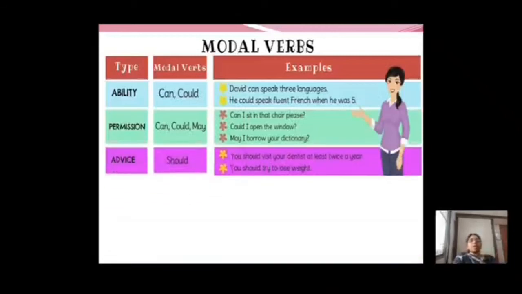Next comes advice. The word used for advice is should. Right? You should visit your dentist. You should try. Right? All these are the sentences which are used for advice. You should try to reduce your weight.